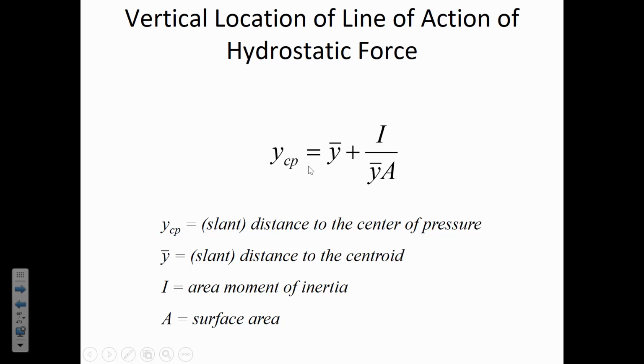That distance is this, the gap between the centroid, the center of area, and the center of pressure. So once in a while you'll see me rearrange this formula because we don't necessarily want to measure where the force is up to the water surface. Sometimes we're just caring how far apart it is from the centroid to where the force is applied. So that'll be a trick that we use on one of the examples.